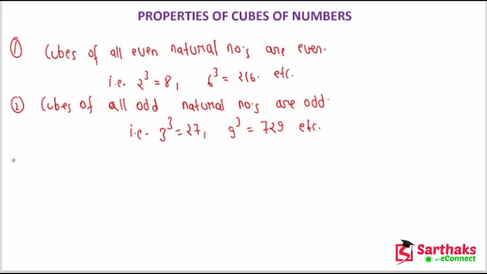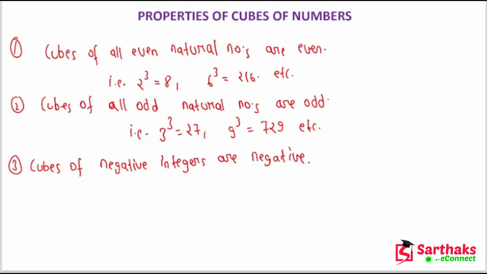Third property states that cubes of negative integers are negative. Because we have to multiply negative into negative into negative. So 2 negatives would be positive, but when you multiply it for the third time, it will again be negative.